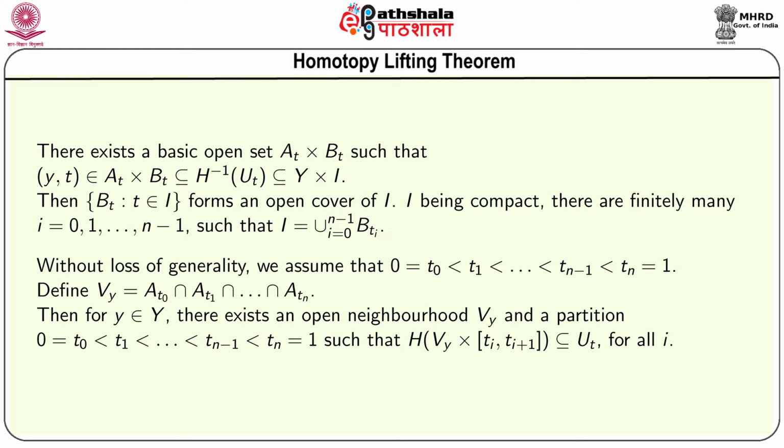Then for y belonging to capital Y, there exists an open neighborhood Vy and a partition of the closed interval [0, 1] such that capital H operated on Vy cross the closed interval [ti, ti plus 1] is contained in Ut for all i.